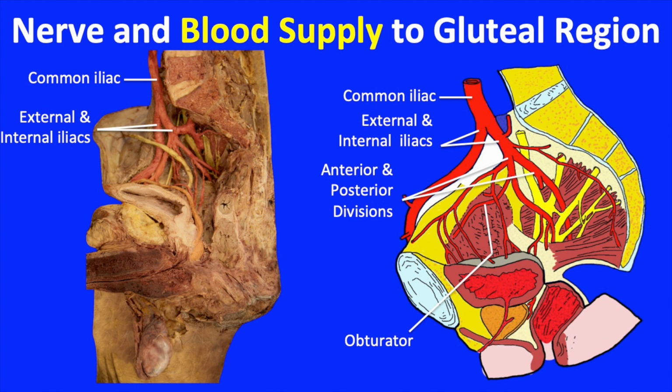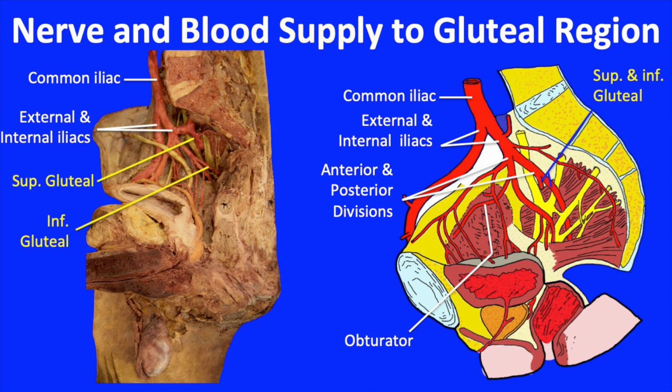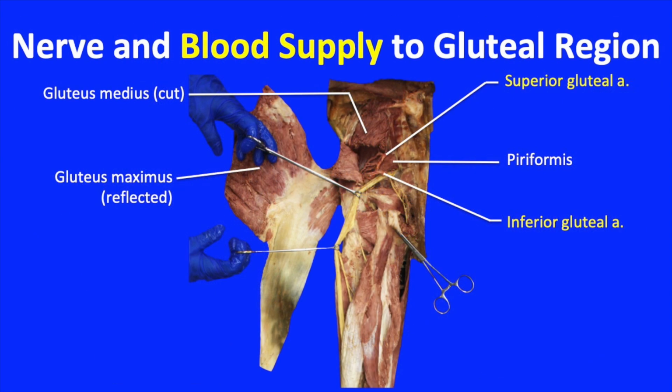And we now look at the blood supply to the gluteal region, which we previously described in the lecture in the pelvis, as arising from the internal iliac artery, labeled here. Two branches, the superior and inferior gluteal arteries, accompanied by the corresponding nerves from the sacral plexus, exit the pelvis and are observed in the gluteal region.